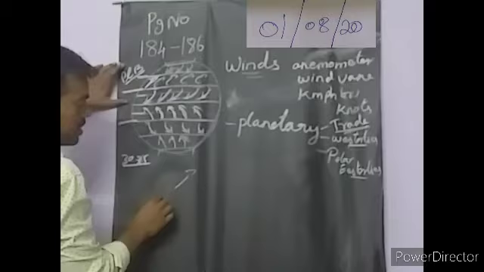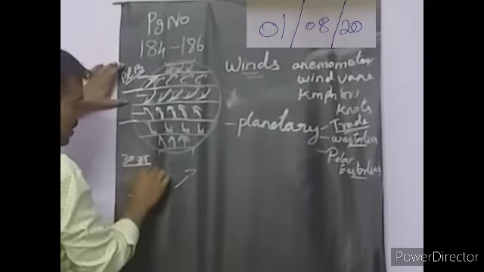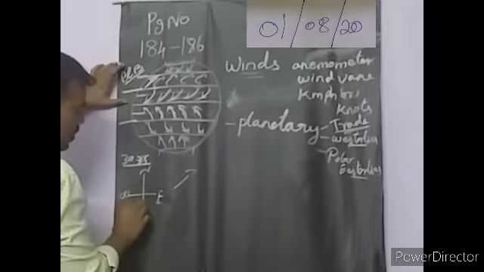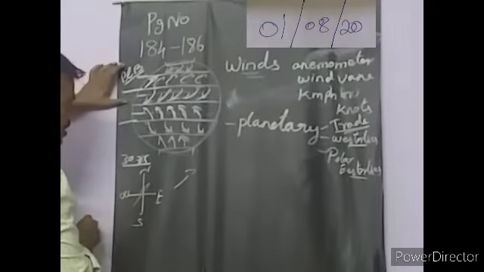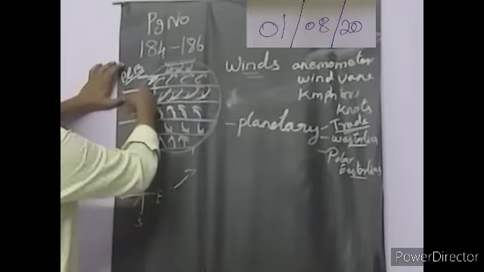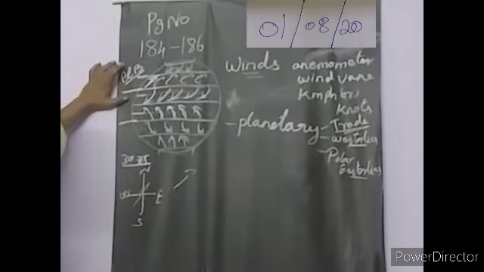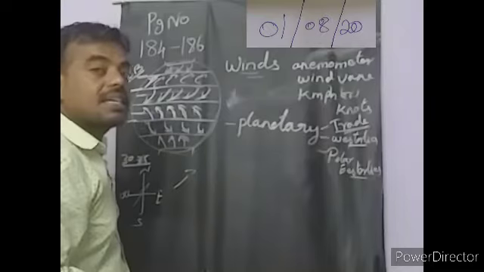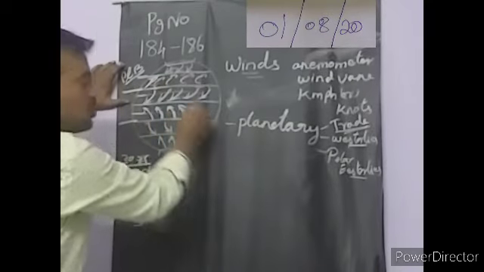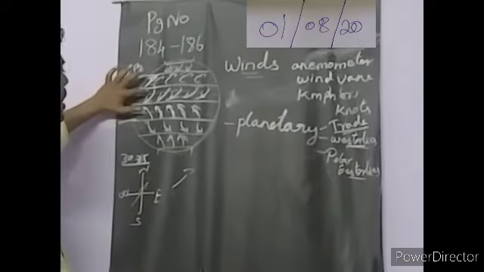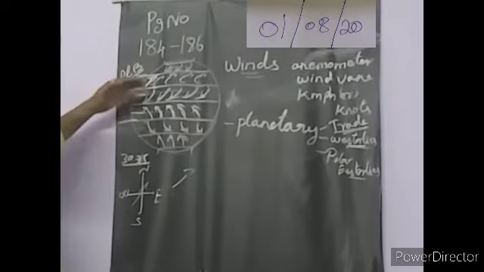So what direction is this? For example, north, south, east, west. Towards this direction, it is from the southwest to the northeast. When the wind travels from the southwest to the northeast, it is called westerlies. This happens in the northern hemisphere.